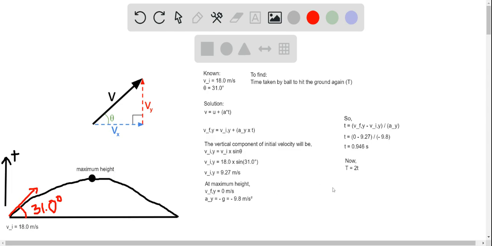So the time taken by the ball to hit the ground would be 2 times small t, which is 2 times 0.946, which comes out to be 1.89 seconds. So it would take the ball 1.89 seconds to hit the ground again after it has been initially kicked.